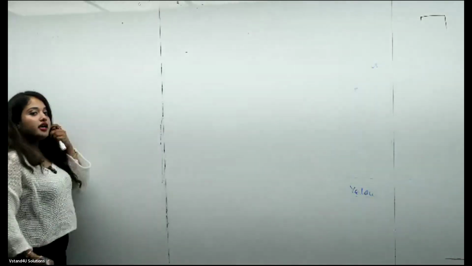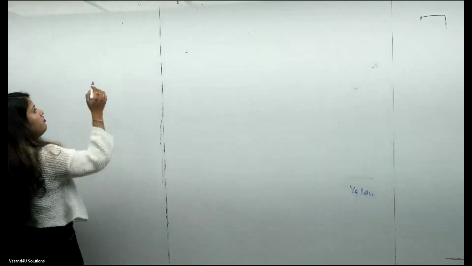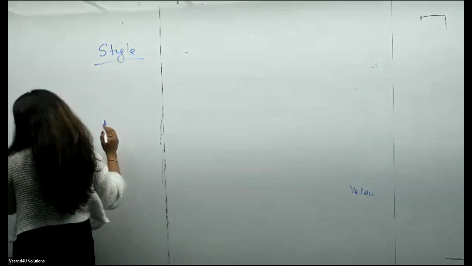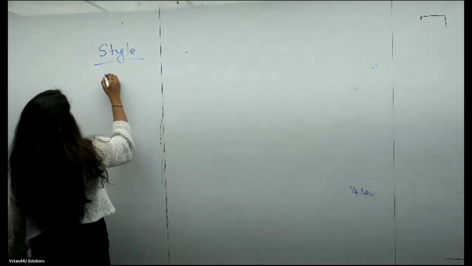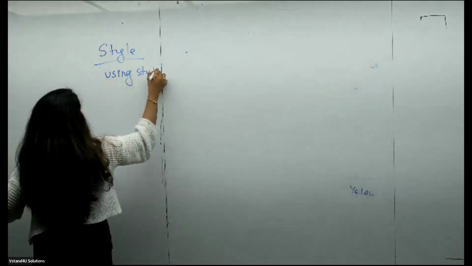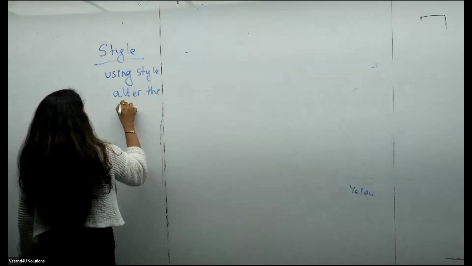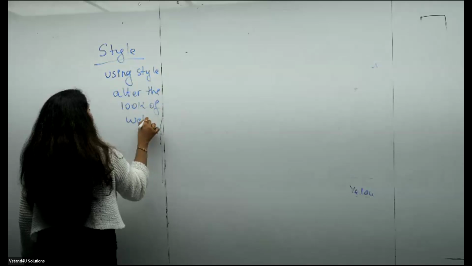Okay, next. People understood what is cascading. Now tell me what do you mean by style? Can I say that by using this style, it alters the look of the website?